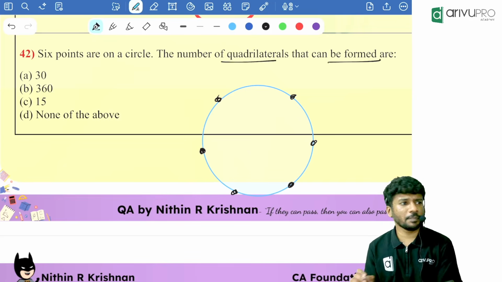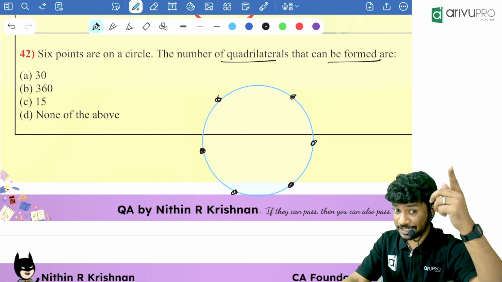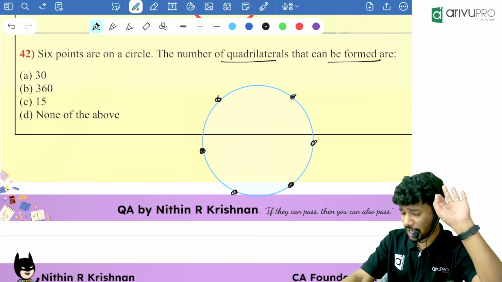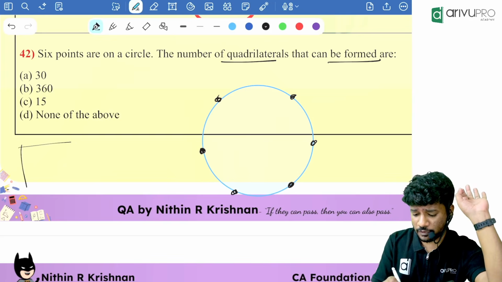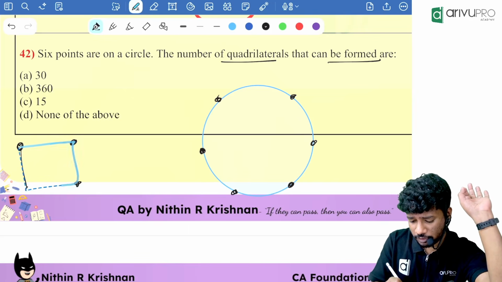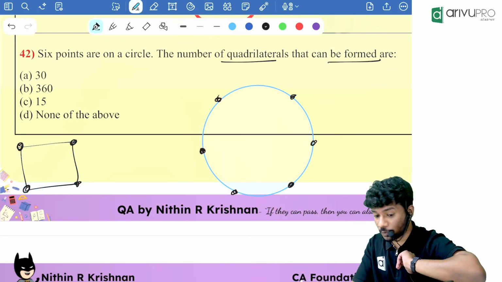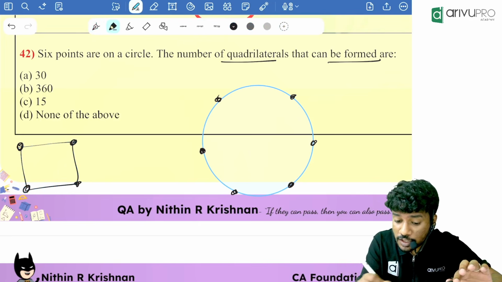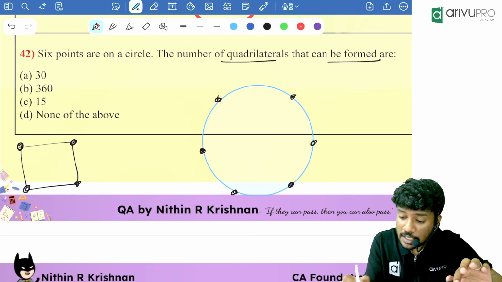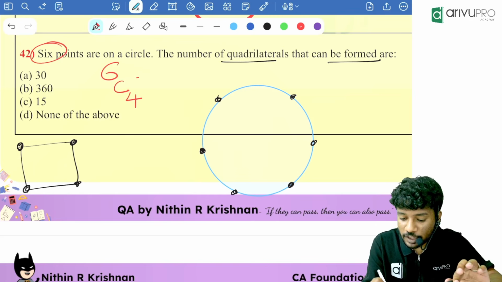We need to find it. But a quadrilateral has how many edges? For example, our square has how many edges? 1, 2, 3, 4. That means we require 4 points. How many are given in the question? 6 points are there. That means from 6, I should choose how many? 4. So 6C4 can be written as what?